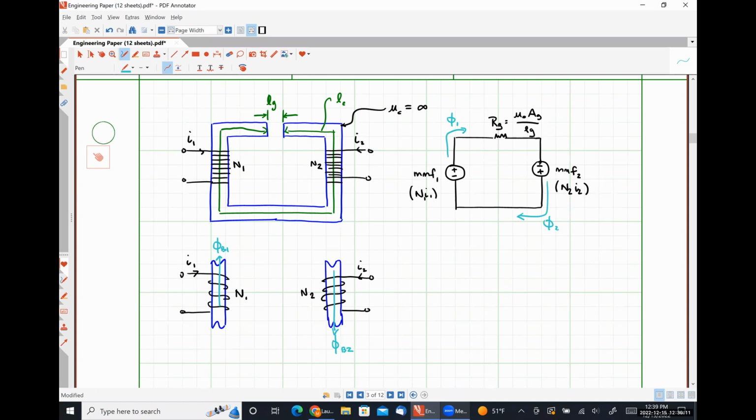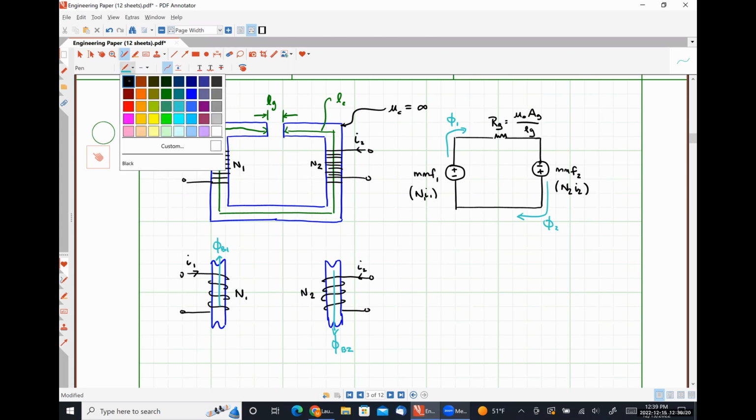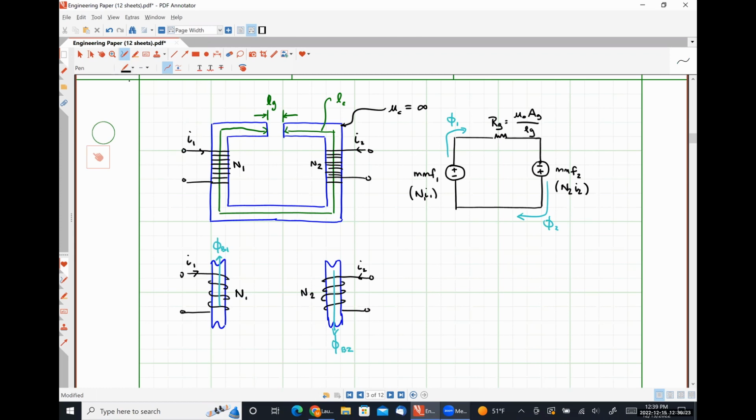So we're going to get into a little bit more detail about the concept of inductance here by really digging into what the flux linkage means. The flux linkage for coil 1 is effectively just the number of turns that coil 1 has, which is N1, times the total amount of flux that's flowing through that coil.